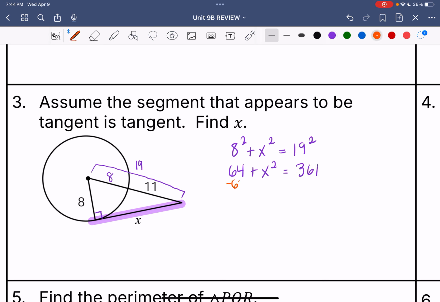I'm going to subtract 64 from both sides, which gives me 297. So x squared equals 297. And then now we're going to square root, which gets me that x is equal to 17.2.